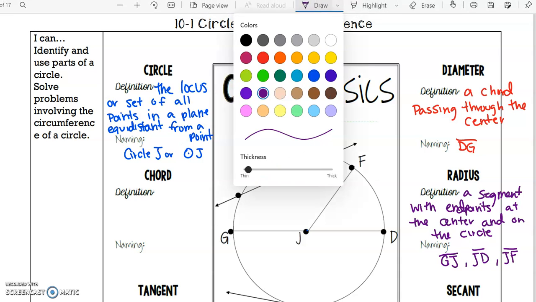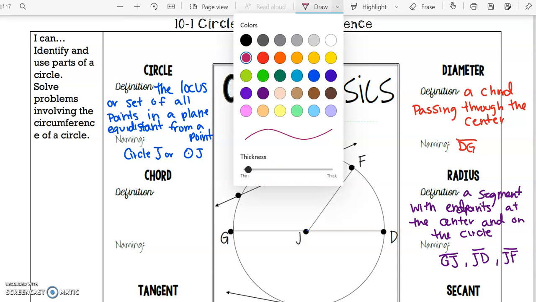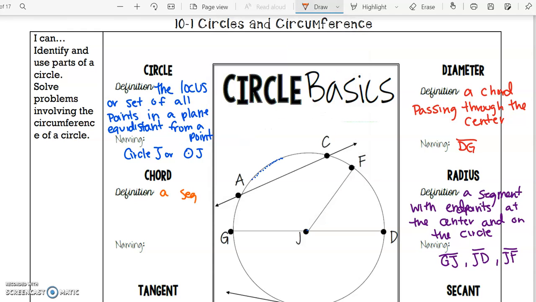So what is a chord? We used that word up in our definition of a diameter, and it is a segment with endpoints on the circle.